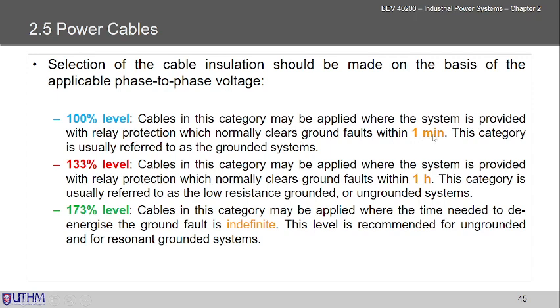That means our relay must operate within 1 minute to clear the fault. Otherwise, if it is more than 1 minute, it might cause an explosion to the cables. So that is the meaning of the 100% level. When you purchase power cables, the first thing to consider is the insulation, especially these levels.